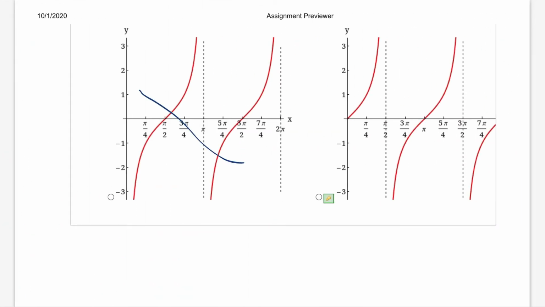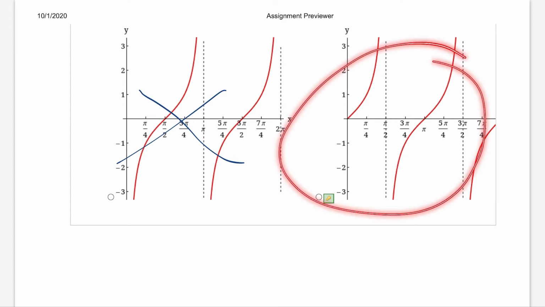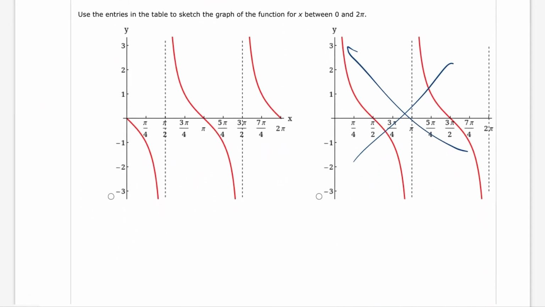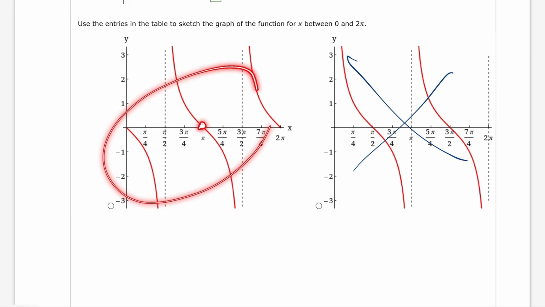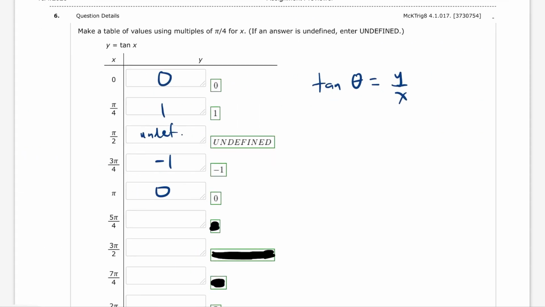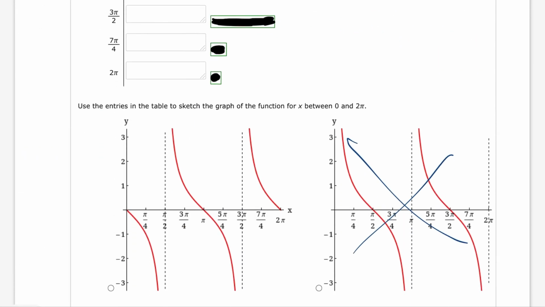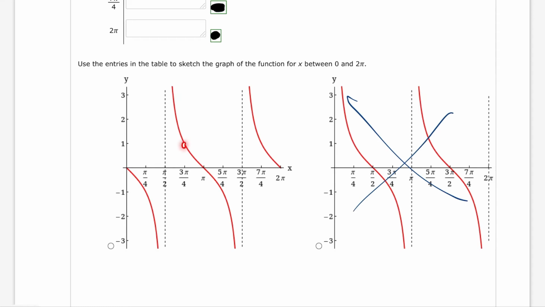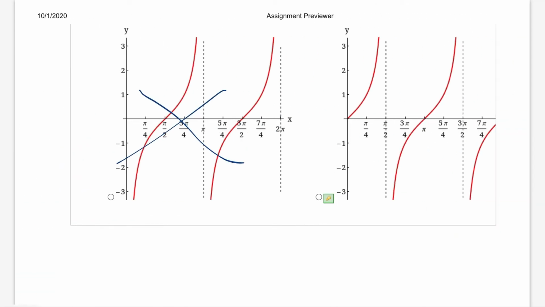It can't be that one. So it's got to be between this one and this one because pi is 0 and pi is 0. But at 3/4 pi, it should be -1. So at 3/4 pi, it is -1. At 3/4 pi, this is +1. So this one is out. It's got to be this one.